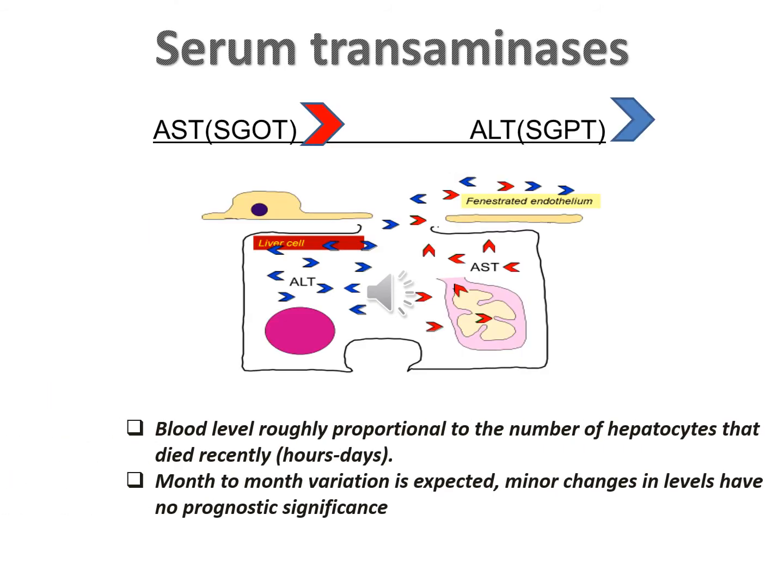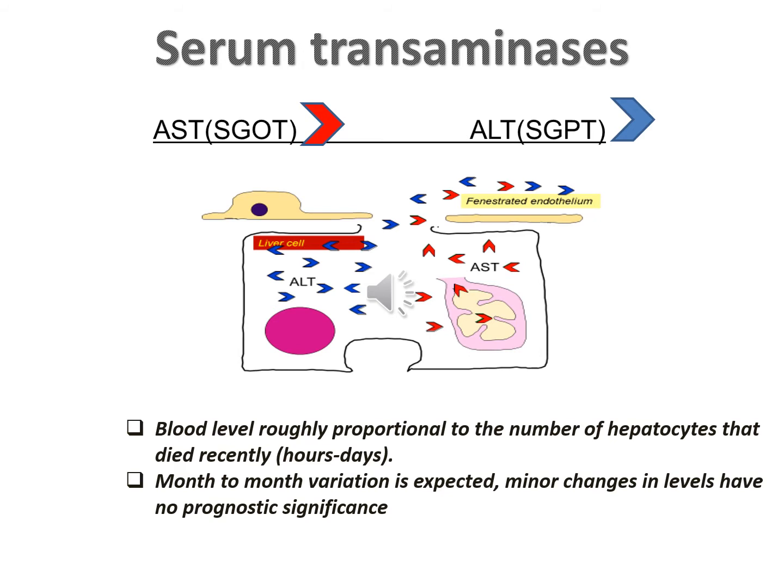And now, how do these enzymes rise in the circulation? When there is injury to the intact hepatocyte and the cell wall membrane has been injured, the intracellular enzymes ALT and AST will leak directly from the injured cells through the fenestrated endothelium into the lumen of the liver sinusoids and to the circulation.